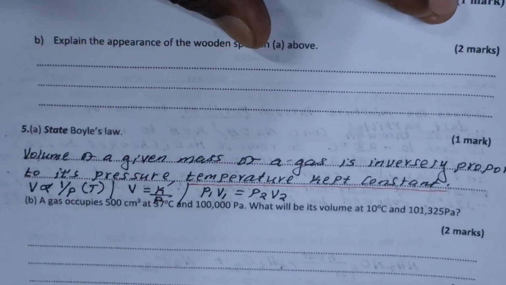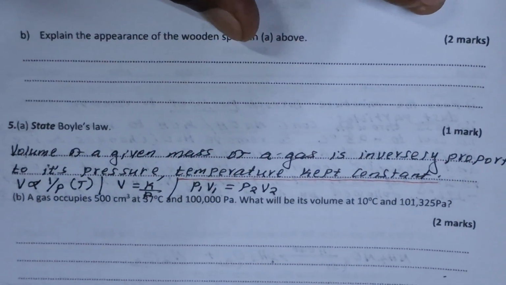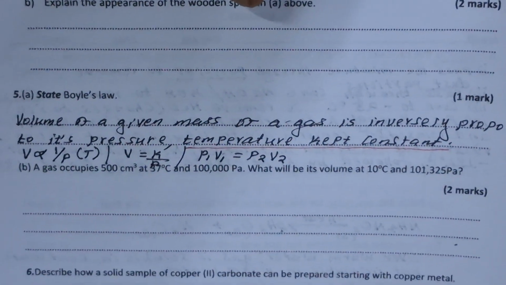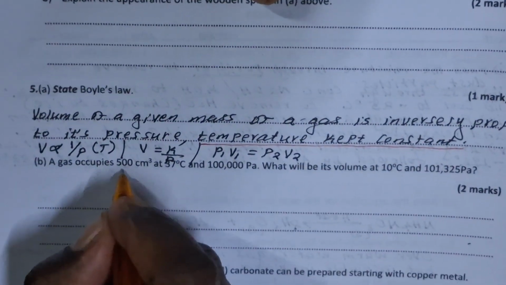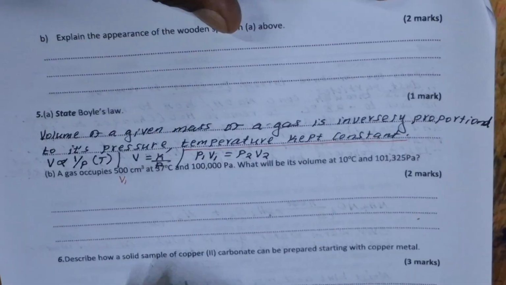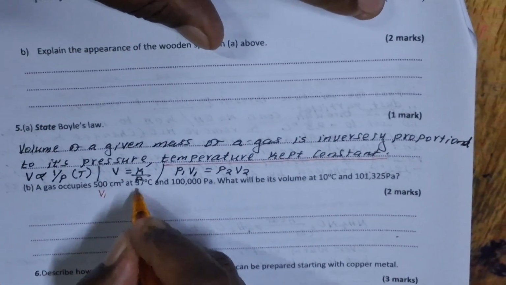Part B, 5B. A gas occupies 500 cubic centimeters. So this 500 cubic centimeters is volume 1 at 37 degrees Celsius. So that 37 degrees Celsius is temperature 1.